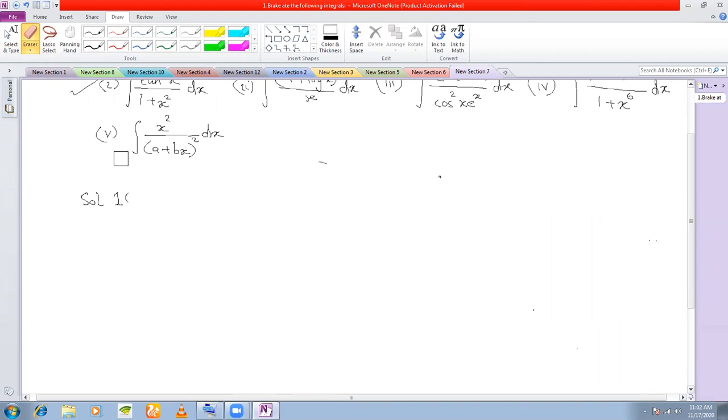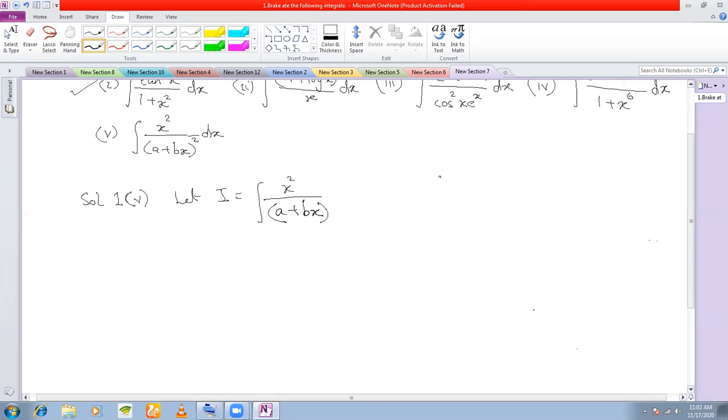This is now question 15. Let I be equal to the integral of x square divided by (a plus bx) whole square.